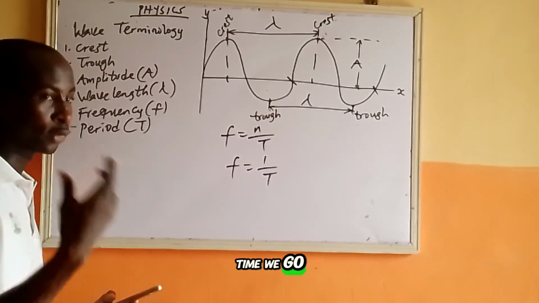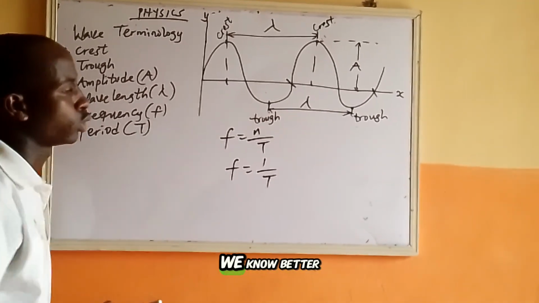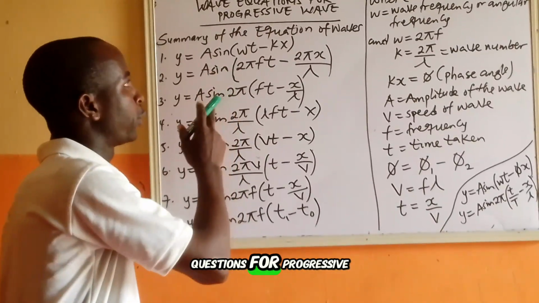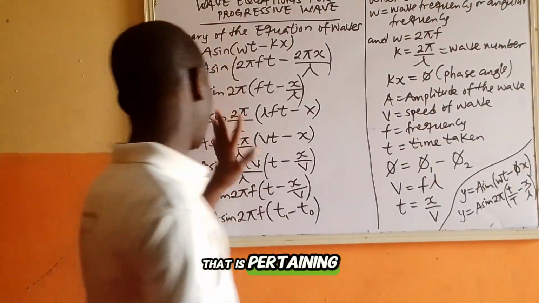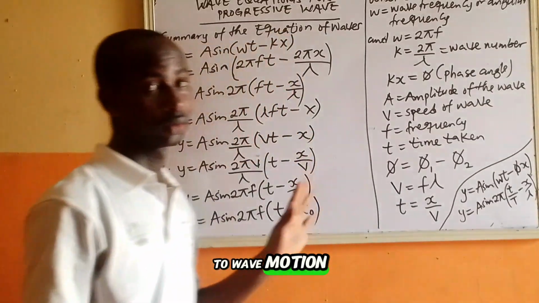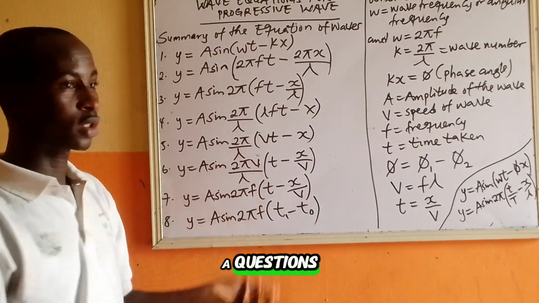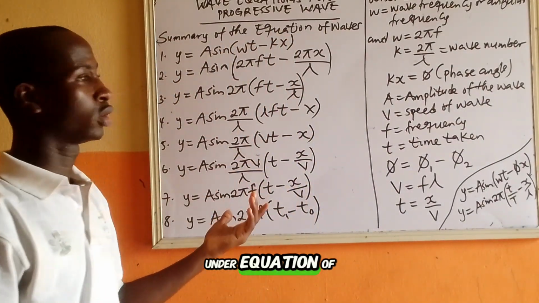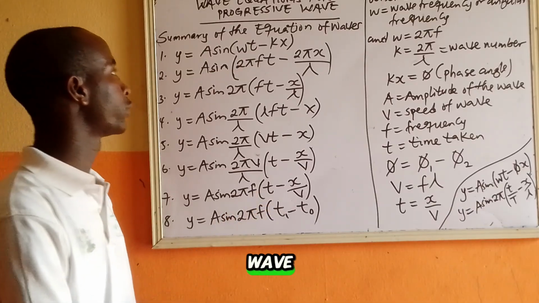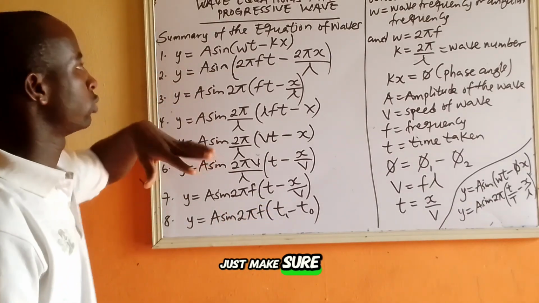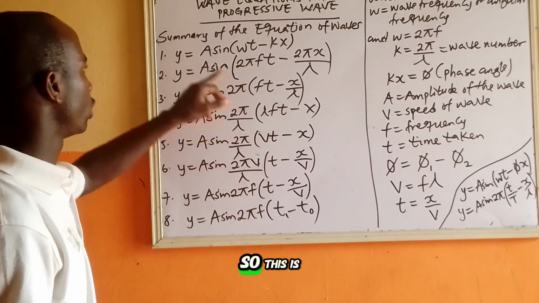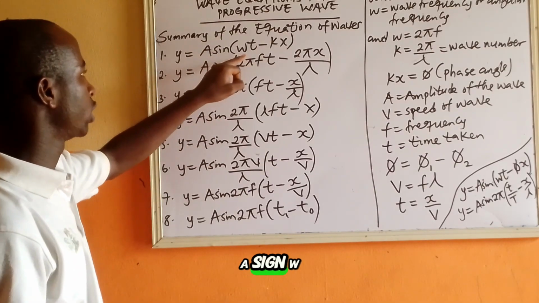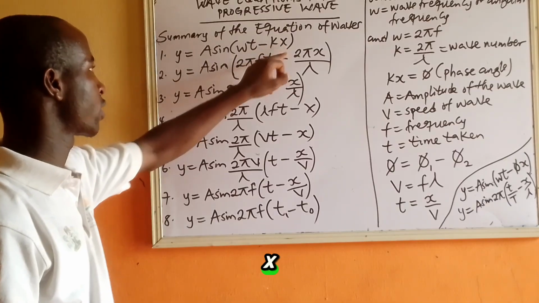By the time we go further in the explanation, we will know better. Equations for progressive waves: these are all the equations pertaining to wave motion. Whenever you see questions under equation of motion of a wave, the first thing is to look at the parameters given to you. So this is A sin(ωt − kx).